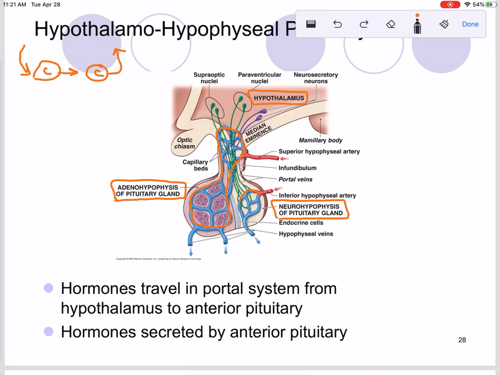There is one capillary bed here between the hypothalamus and the anterior pituitary gland. And there is a second capillary bed in the posterior pituitary gland. And then some of the veins that connect them are the portal veins.